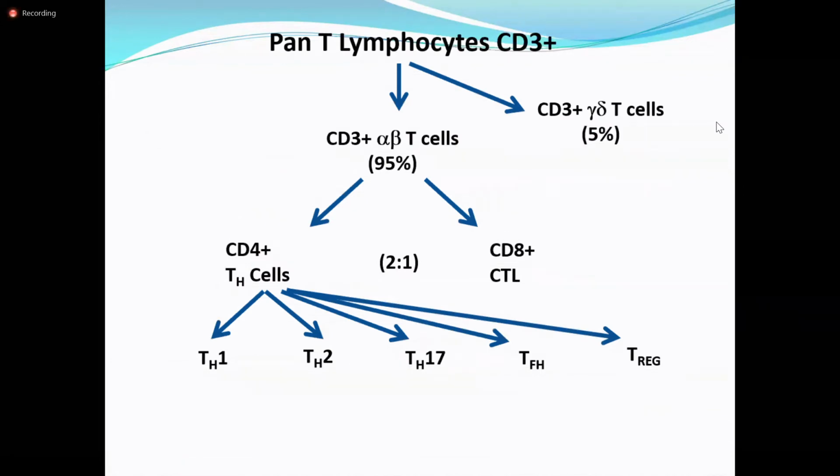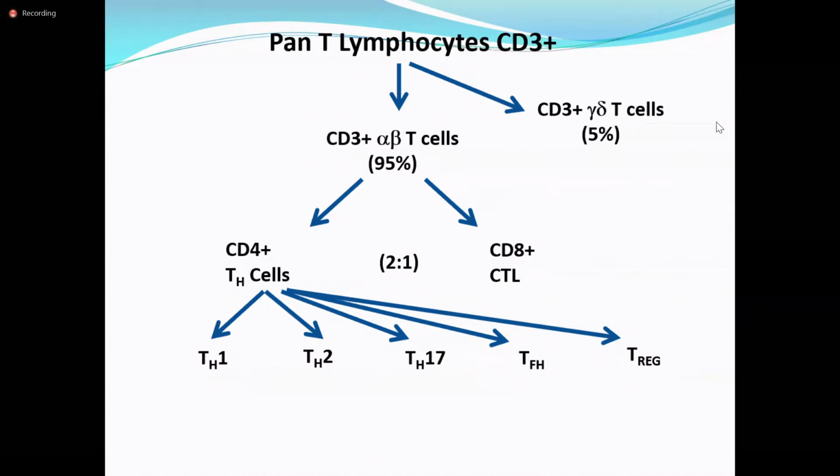So, just to recap, all T cells are characterized by the expression of CD3 antigen, which, if you remember, is the signaling component for the T cell receptor. And of these CD3 cells, most express a receptor which is composed of an alpha and a beta chain, a heterodimer.